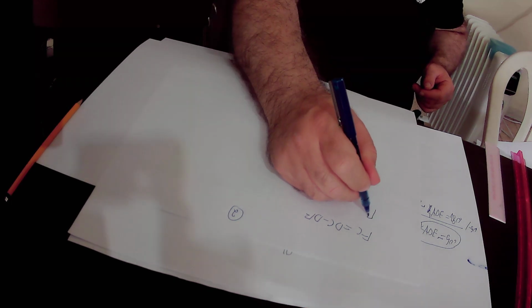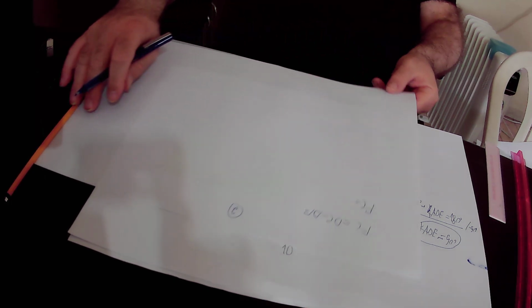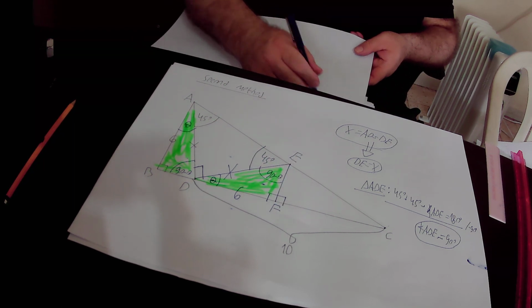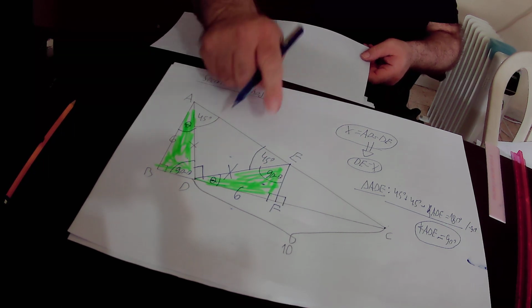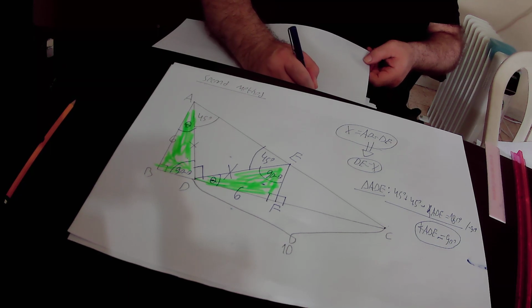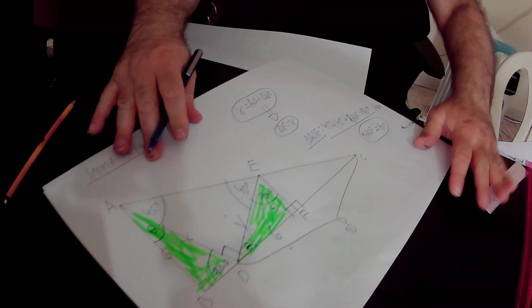So FC equals DC, that is 10 units, minus DF, that is 6 units. That is to say, FC equals 10 minus 6, that is 4. We found out that FC equals 4 units.